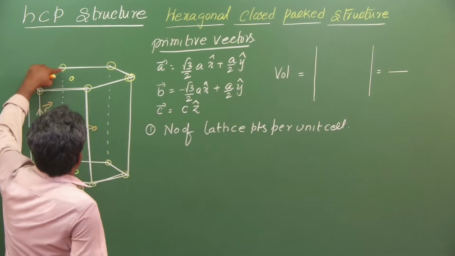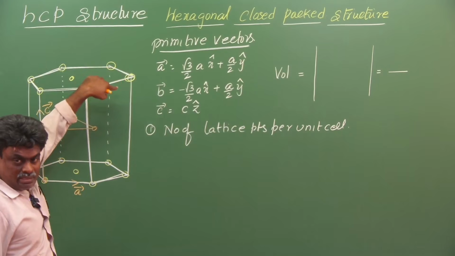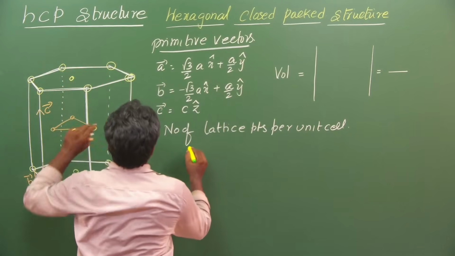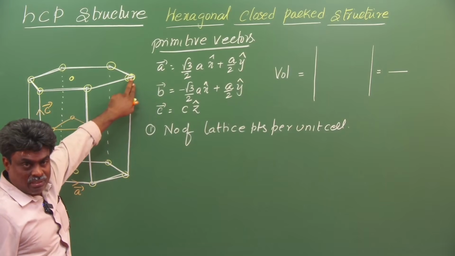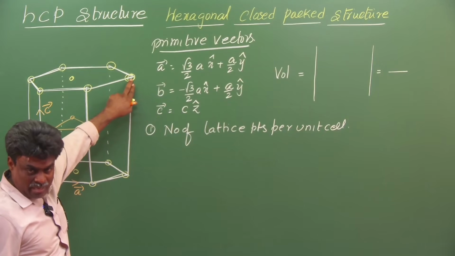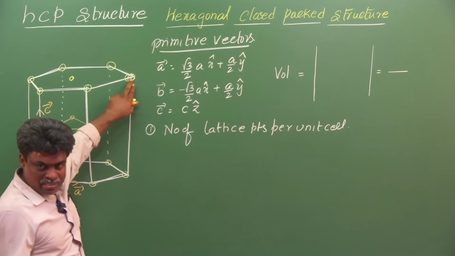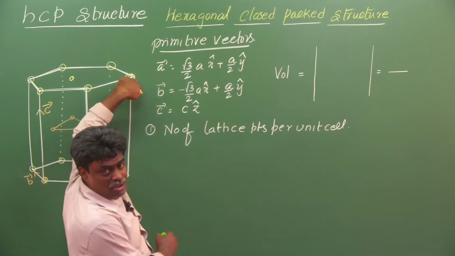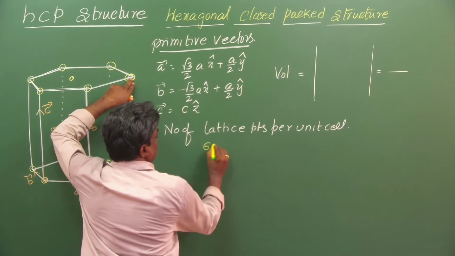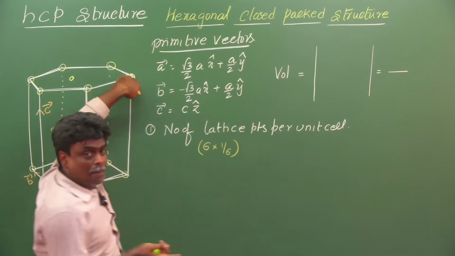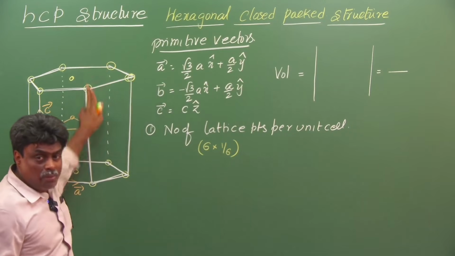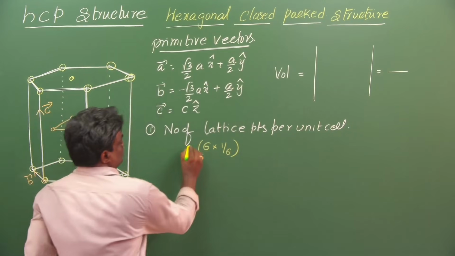Right. Here how many corners are there? 6 corners. What is the sharing of each? Each is shared by 6, so 1 by 6. Am I right? Like this, how many hexagons are there? 2.